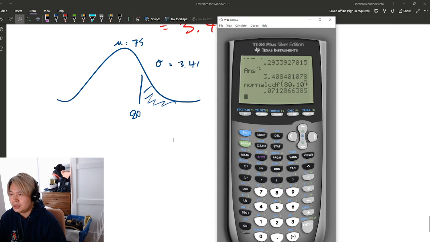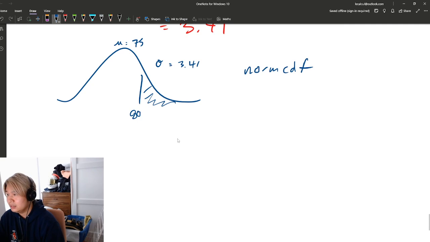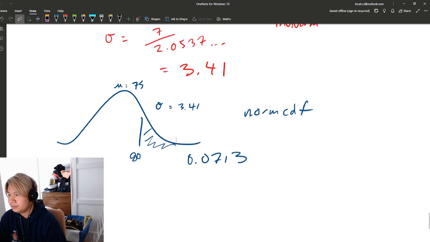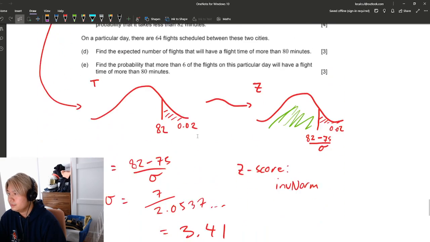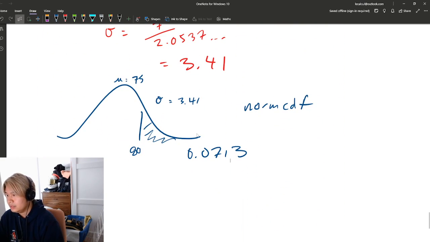So there's my probability, 7.1213%, so 0.0713. So this is the probability that your time is more than 80.